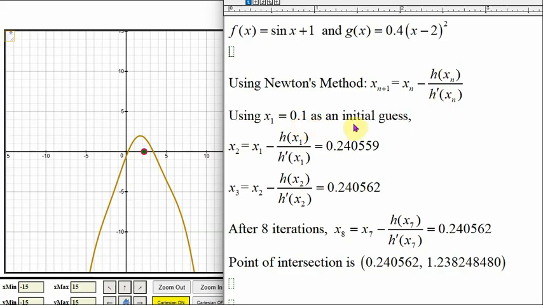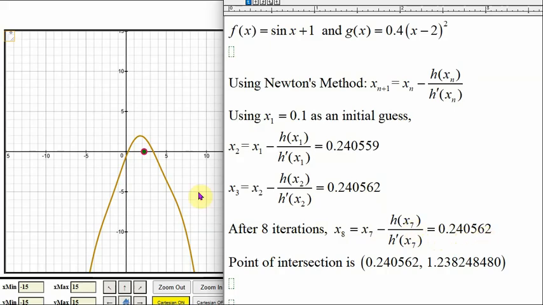Then we'll calculate x sub 2 using this formula right here, and we get 0.240559, and then continue on to the next iteration. Then x sub 3 will be 0.40562. I did this for 8 iterations, and x sub 8 is 0.24056.